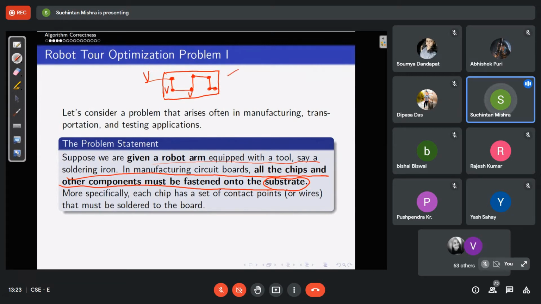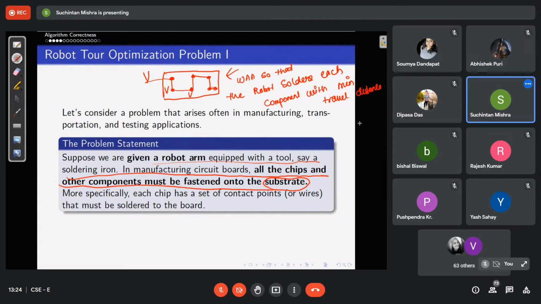So now if I ask you the question, write an algorithm so that the robot solders each component with minimum travel distance.